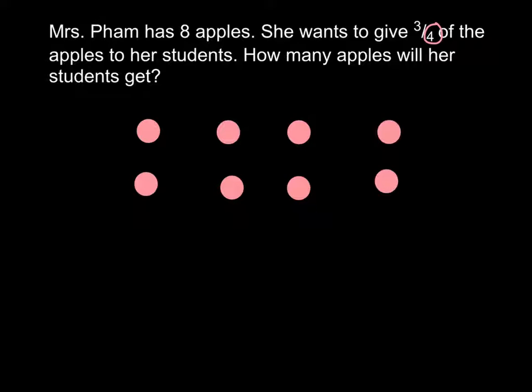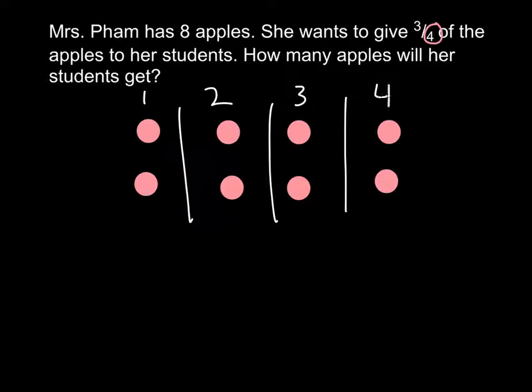I know that I need 4 groups because my denominator is 4, so I will draw some lines to show that I have 1, 2, 3, 4 groups now. And I'm going to take a look at how many are in each group. And of course there are 2 apples in each group. However, she wants to give 3/4 of the apples to her students. That means that she wants to give 3 out of the 4 groups to her students.